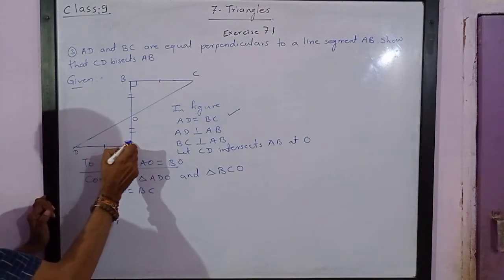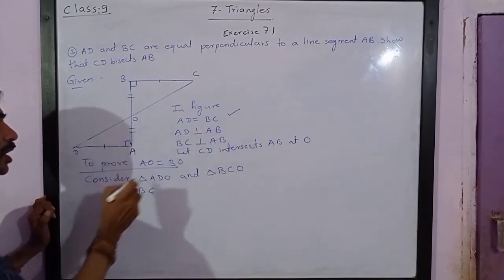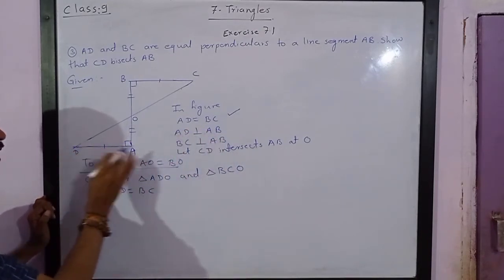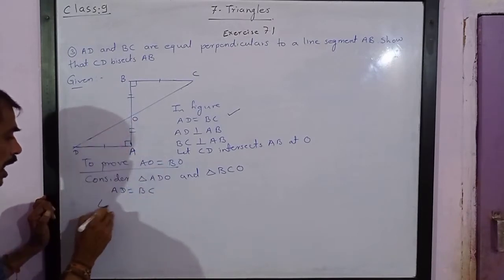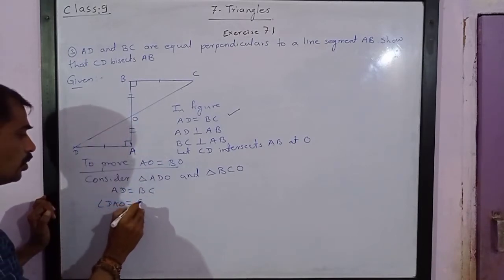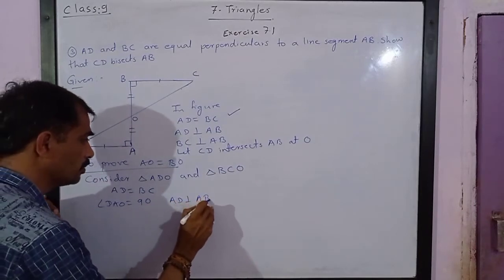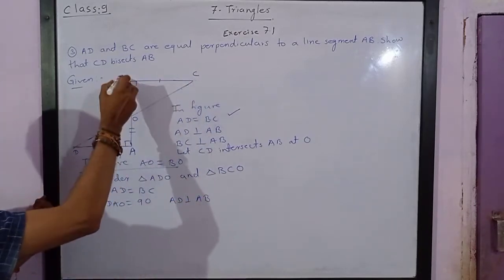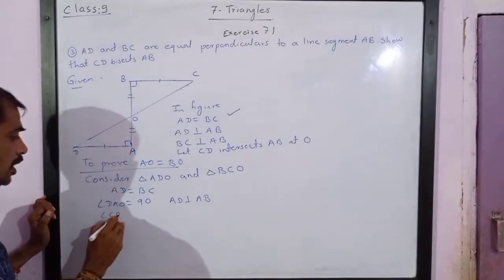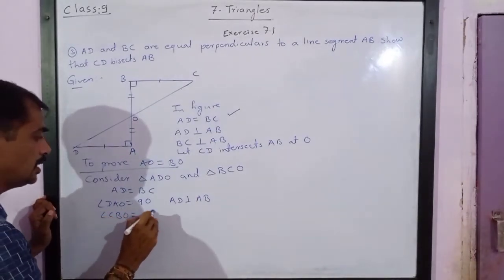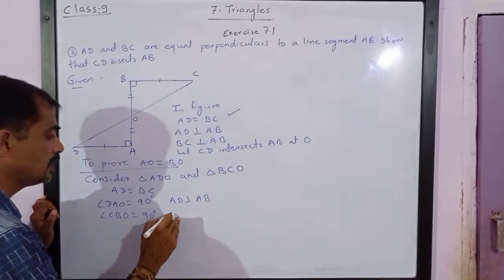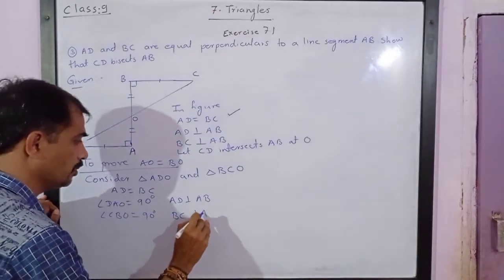Then this angle is a right angle. AD is perpendicular to AB, so angle DAO is equal to 90 degrees. Reason: AD is perpendicular to AB. Then angle CBO is also equal to 90 degrees. Reason: BC is perpendicular to AB.